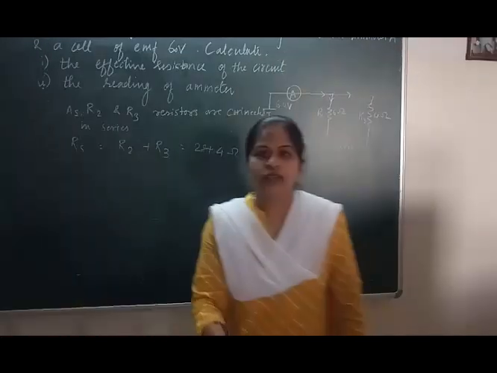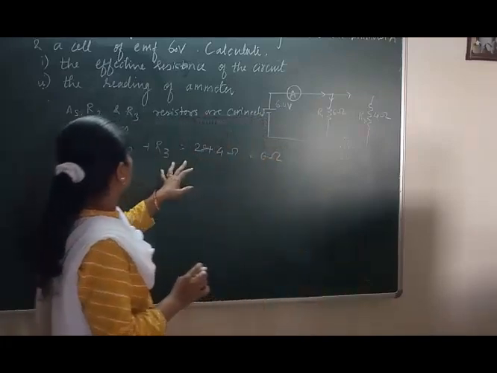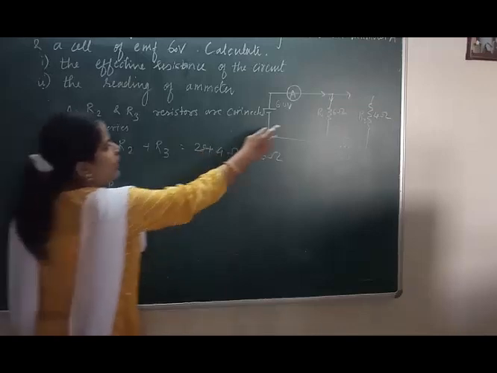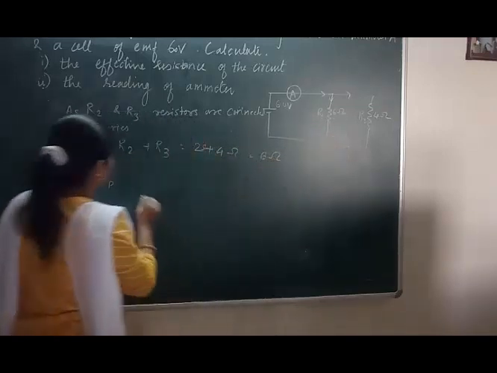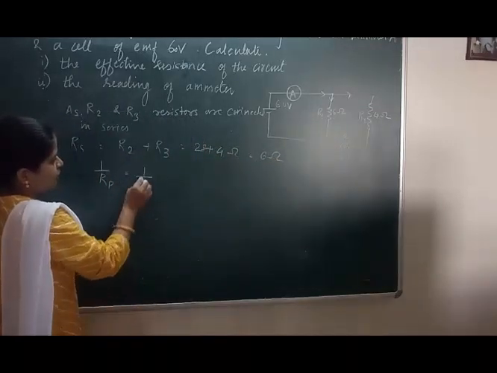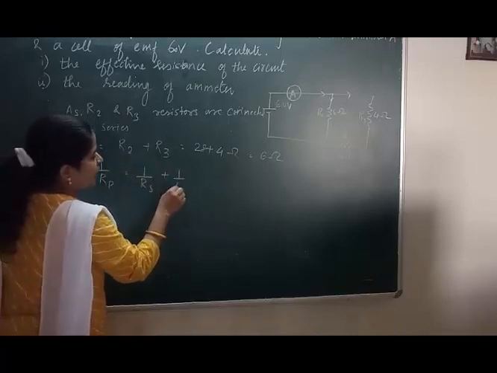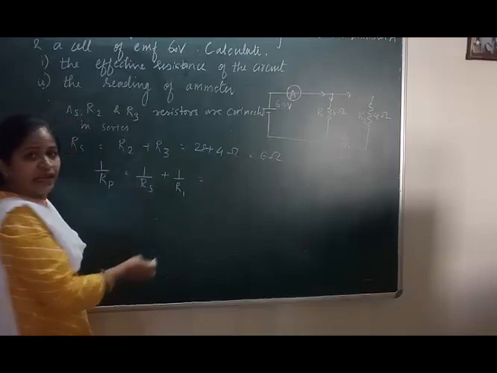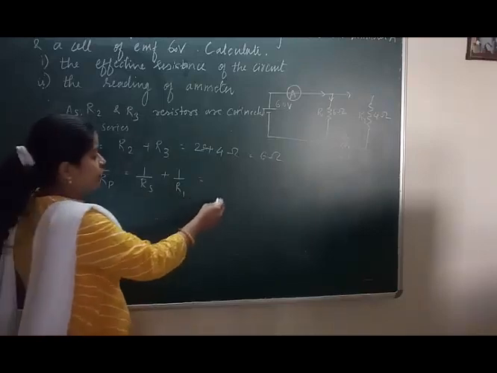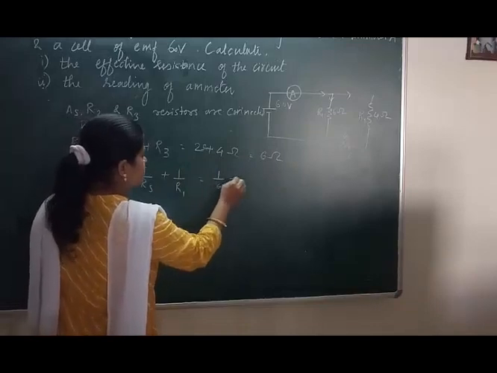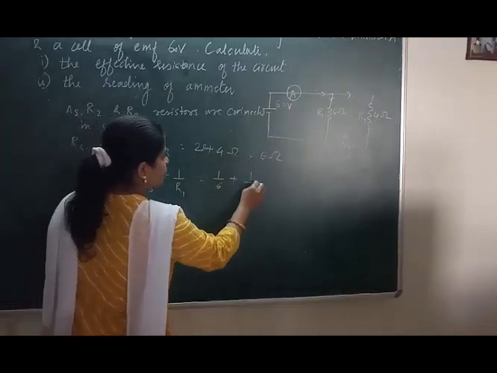Now, this series combination and R1 are in parallel. So 1 upon RP is 1 upon RS plus 1 upon R1. We can put in the values: 1 upon 6 plus R1 value, which is 1 upon 6.